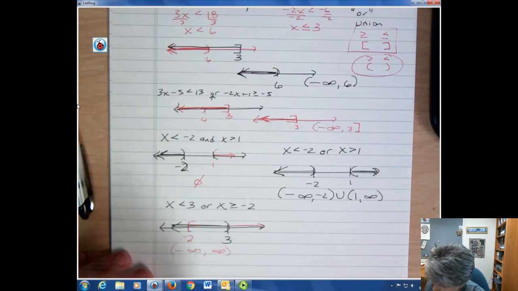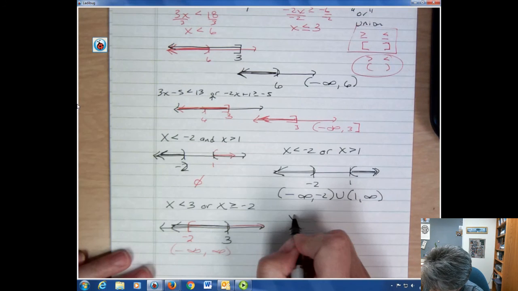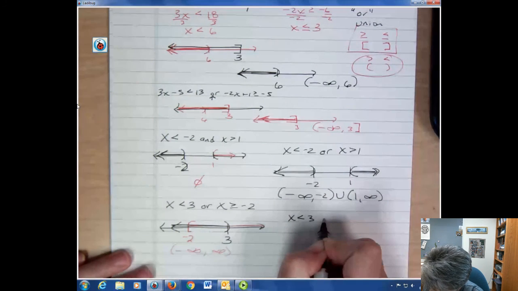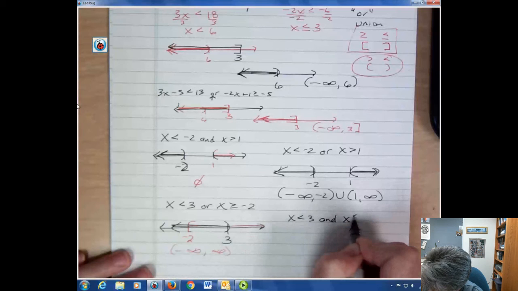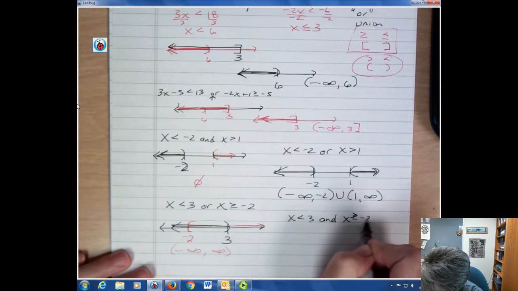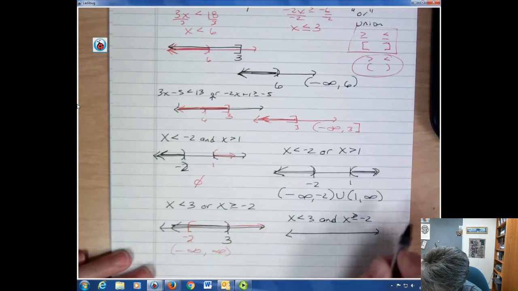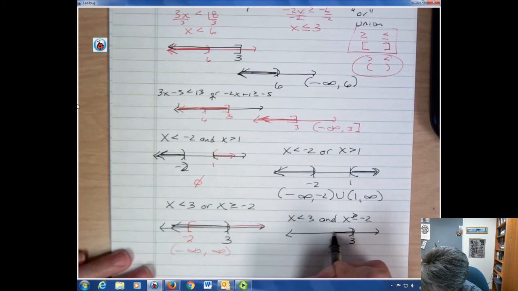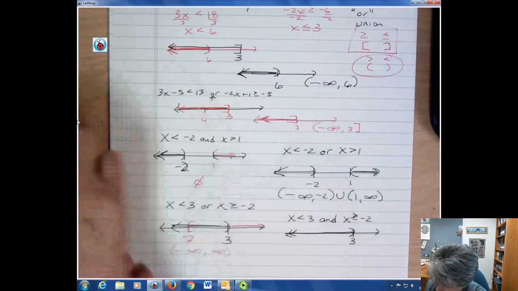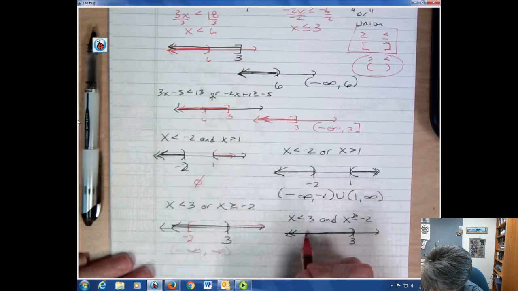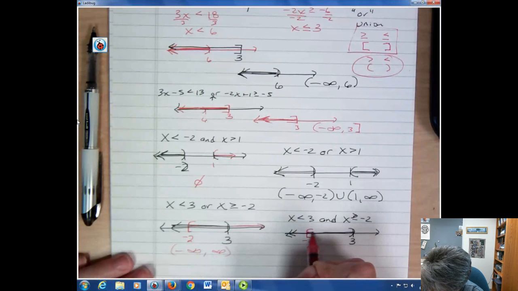But what if I had the same thing with an and? In this one, I have 3, and it's going that way, and I have -2, and it's going that way.